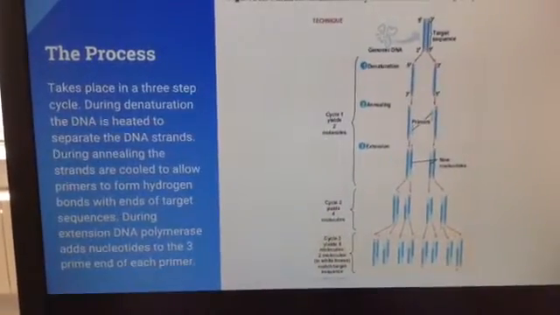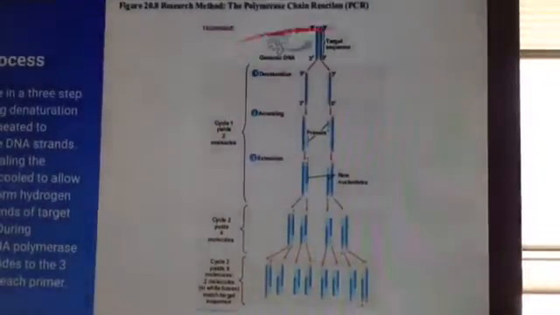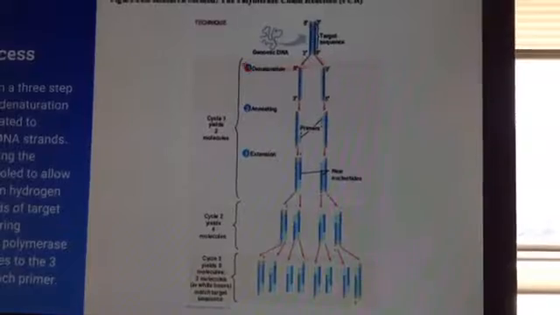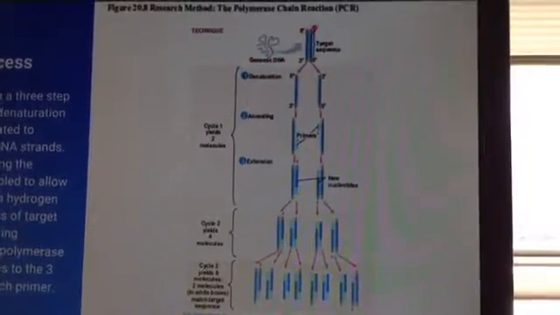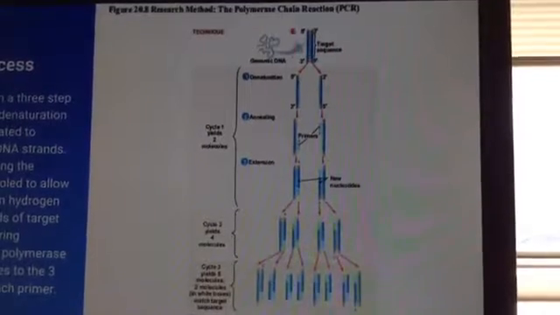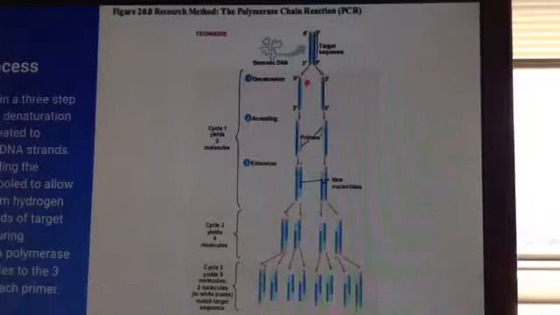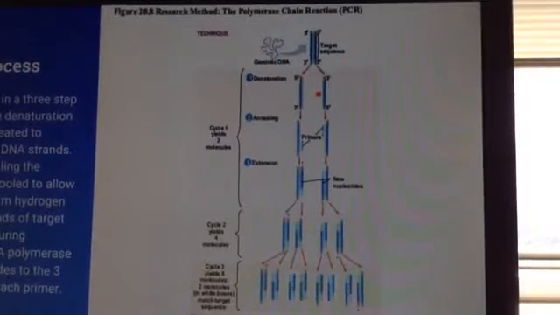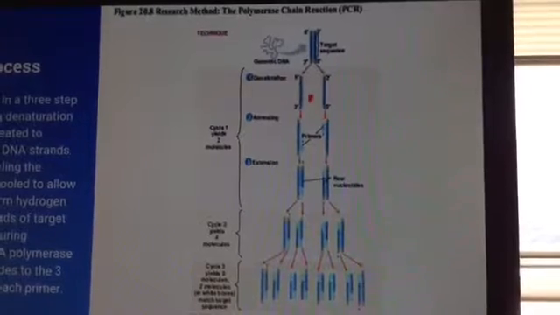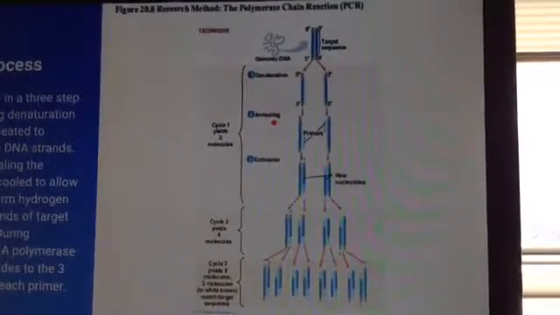Now we're going to take a look at the diagram to my right. In this diagram of the polymerase chain reaction, at the very beginning we have our DNA, and on that DNA is the target sequence that we seek to make multiple copies of. Going down, we see our first step, which is denaturation. These strands are heated so that they will pull apart and separate. This is essential for the next step, annealing, where cooling takes place.